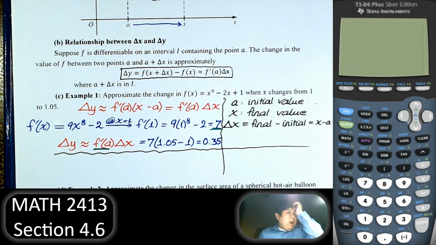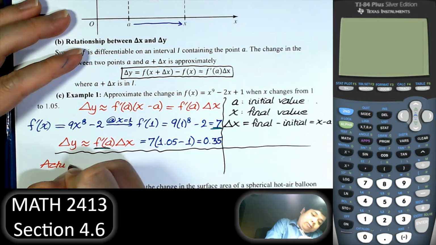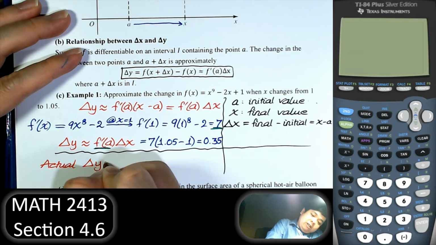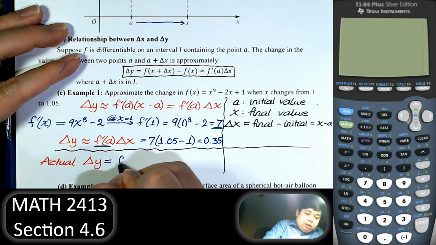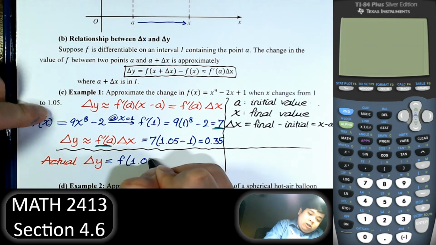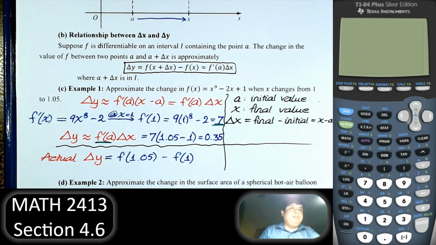Now, if we actually want to find the actual values for delta y, it's very simple though. We just take the values at the final point minus the values at the initial point.